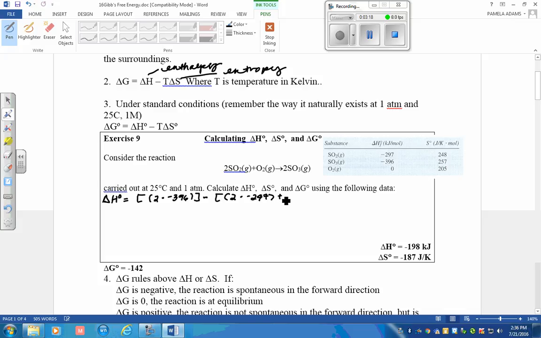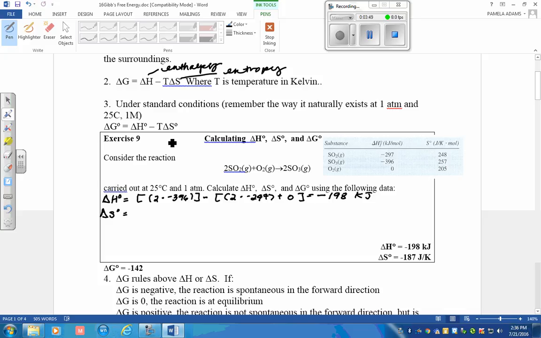I recall that the enthalpy value for all elements is 0, and I see that my delta H is negative 198 kilojoules. Delta S is also the products minus the reactants. 2 things to note. First, these are in joules, not kilojoules. In order to use this equation, we must make our values match.